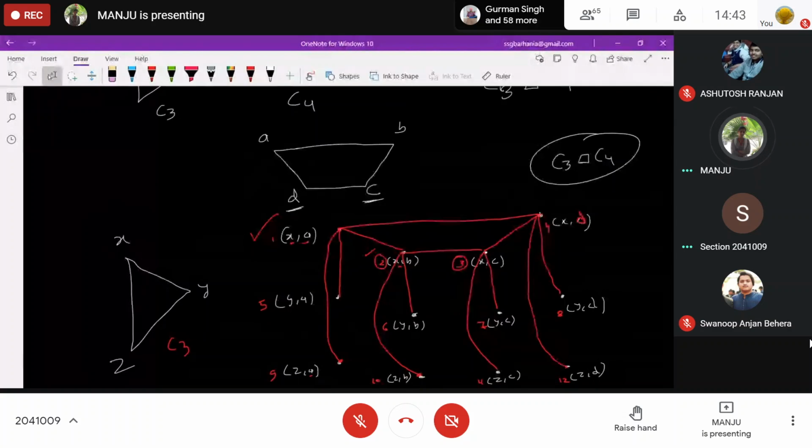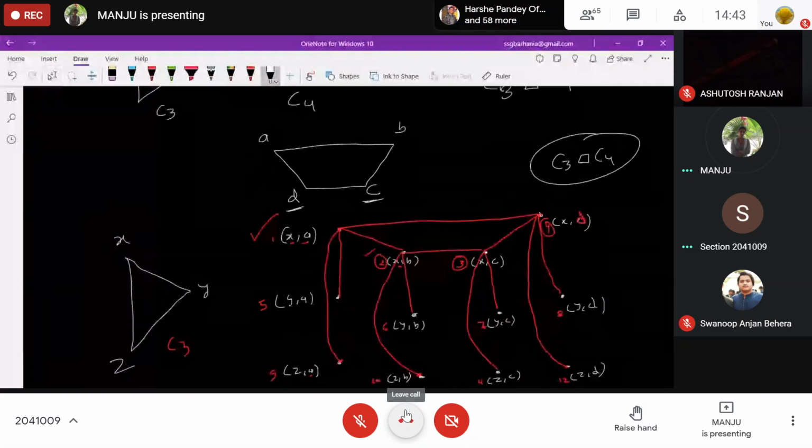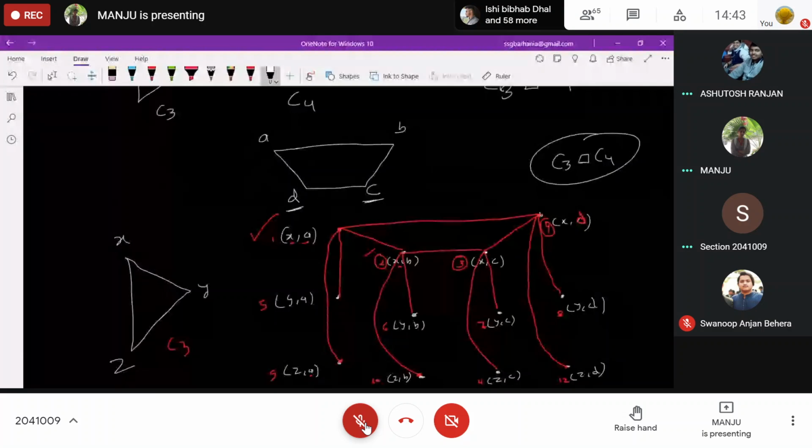Take the fifth one. Fifth is adjacent to 6 or not? Yes, sir. Addition to 6 or not?